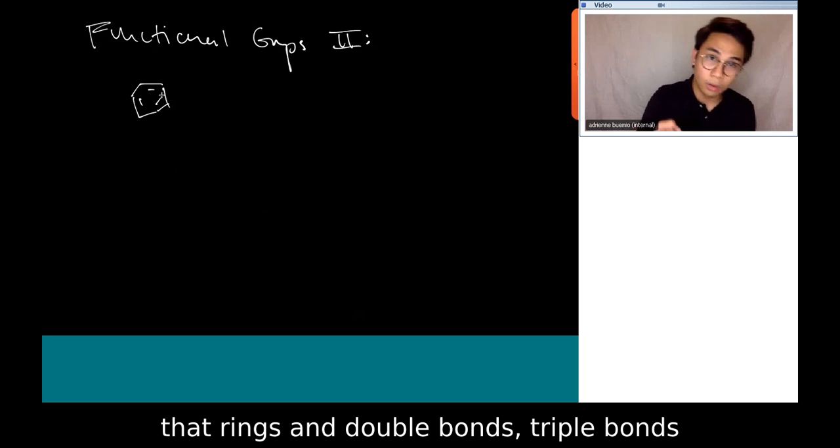And also, I forgot to mention that rings and double bonds, triple bonds are also considered functional groups, right? A lot of students get confused by that because they don't really have a name. It's not an aldehyde or an amine or things like that.